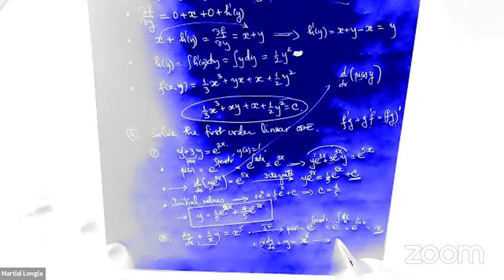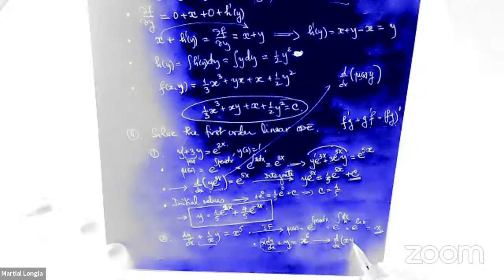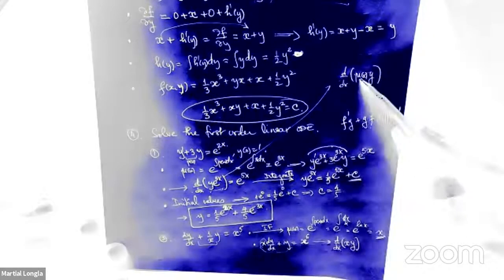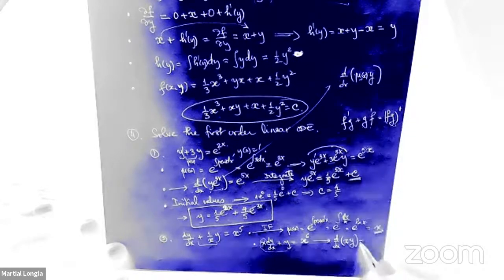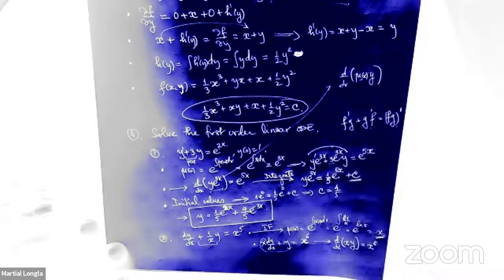So combining, that's d over dx of x times y. And like I was saying, mu, that's x. That's what is always going to be there. Equals x to the power 6.